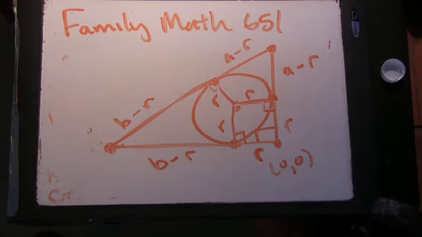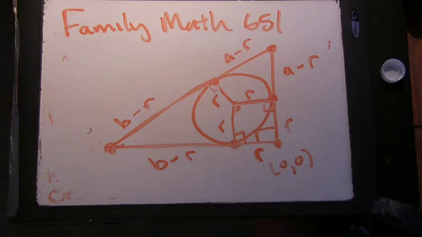All right, so how does this help us figure out what r is, like what the length of the radius is? Right now we can know the length of the radius in terms of the side lengths of the triangle. Because remember, we have a right triangle here.